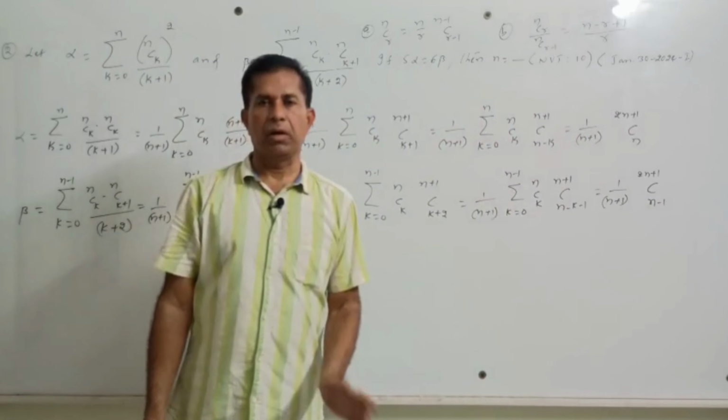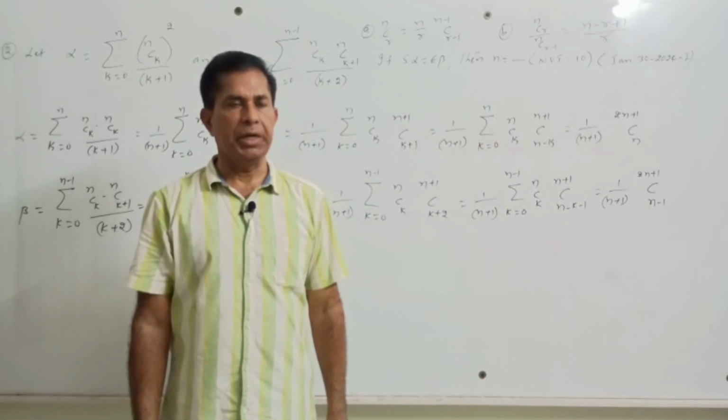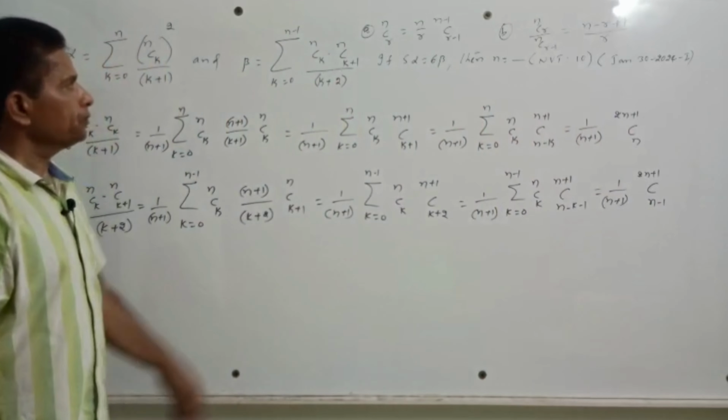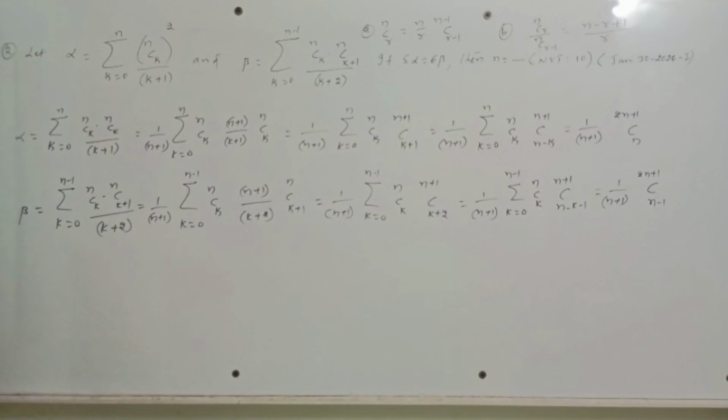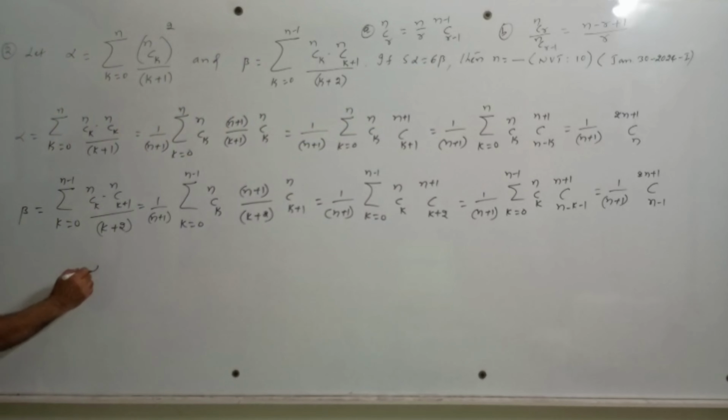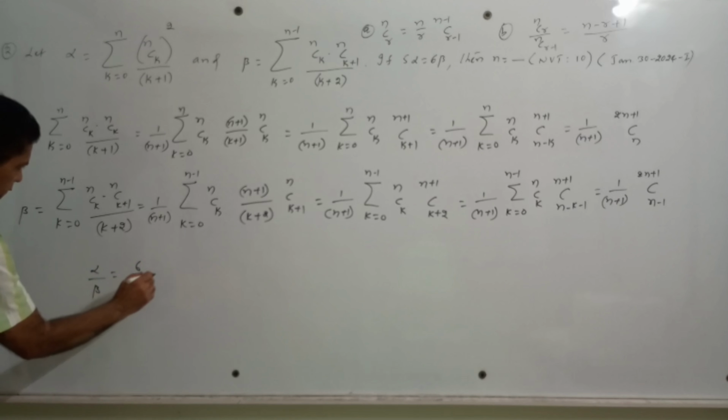So I simplified alpha, and I also simplified beta. Let us substitute there. Here it is given that 5 alpha is equal to 6 beta. Now let us consider alpha by beta. Therefore alpha by beta can be written as 6 by 5.